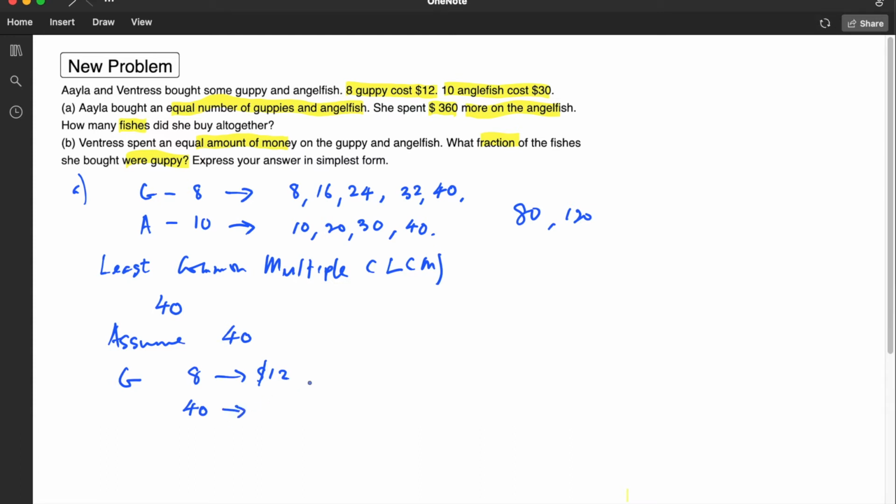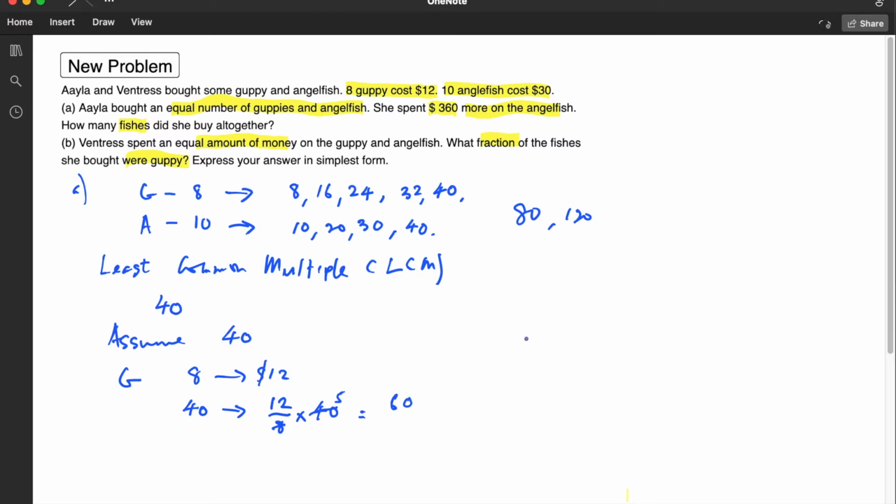I'm going to do this in one step. So we have to find 1 first. So the cost of one fish is of course 12 divided by 8. And then to find the 40, we have to multiply by 40. So 12 divided by 8 will be... 40 divided by 8 is 5, so this is actually 60.